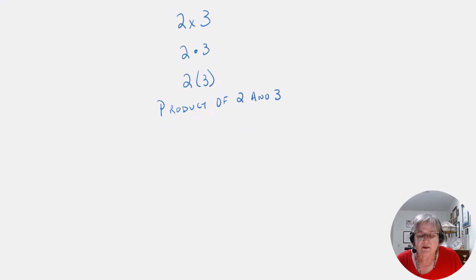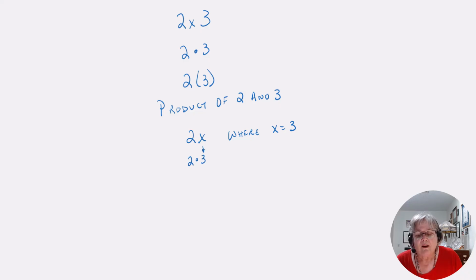They could also say, let's talk about 2x, where x is equal to 3. Now, 2x has the number 2, which is a coefficient, and x, which is a variable. And if I tell you x is really 3, then this is understood to be 2 times 3.